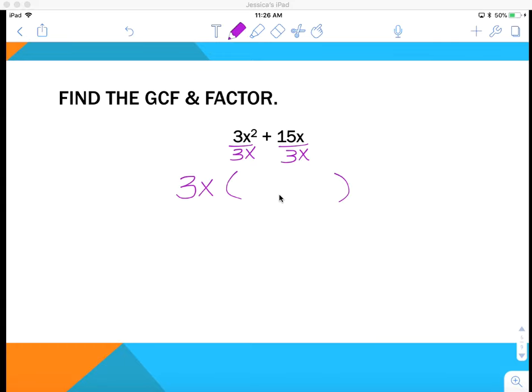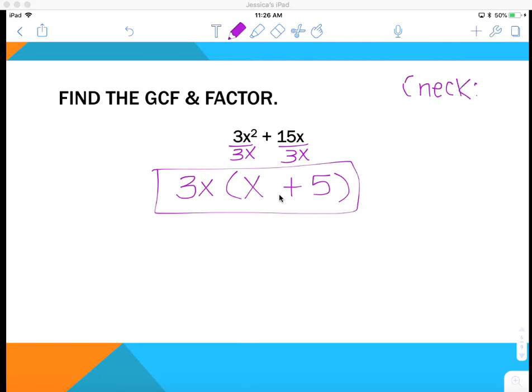So I'm dividing the number in front, I'm subtracting my exponents. 3x squared divided by 3x is just x. 15x divided by 3x is 5. These are super easy to check because you can just distribute them back out. If I distribute 3x times x plus 5, 3x times x is 3x squared, and 3x times 5 is 15x. I got what I started with.